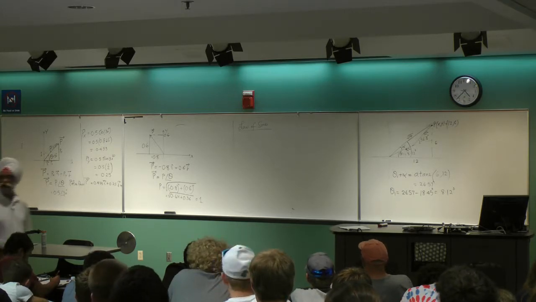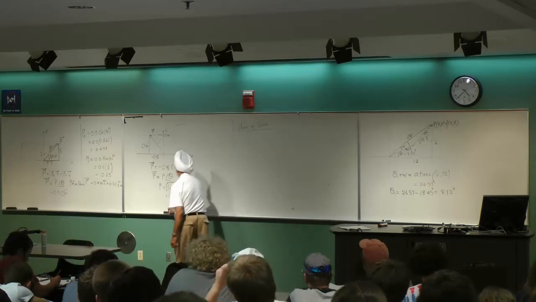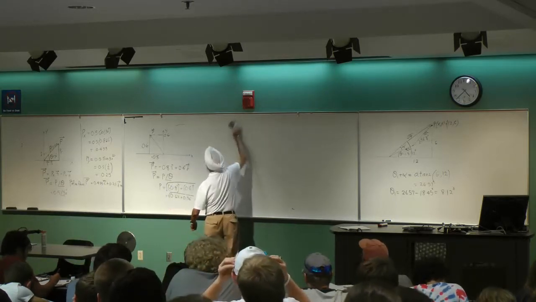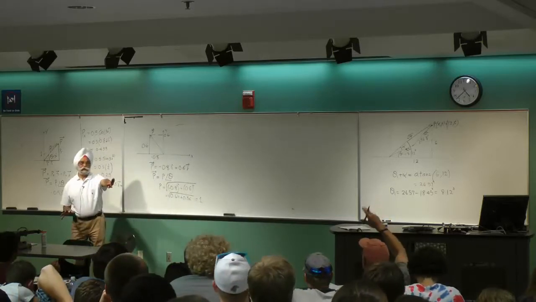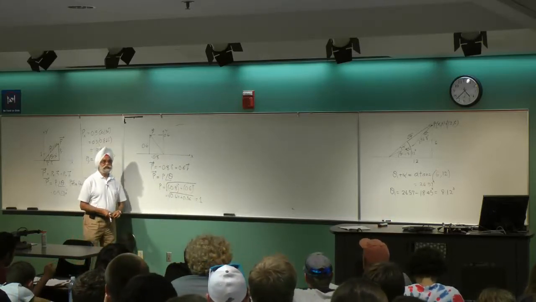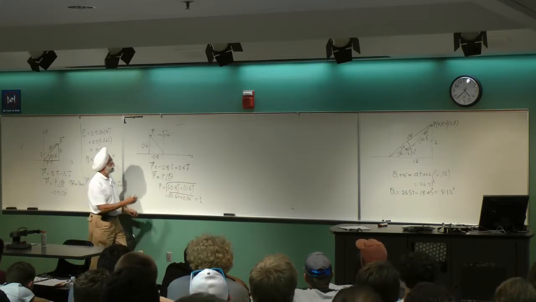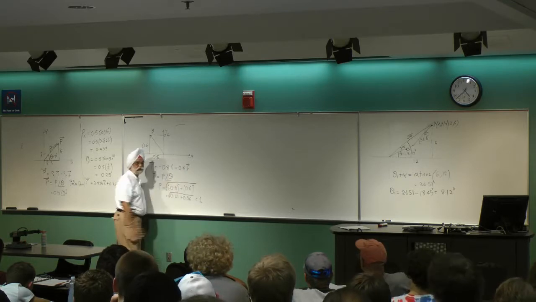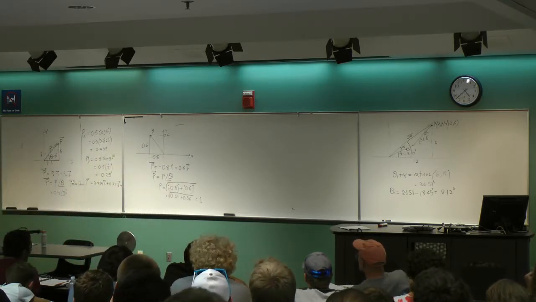How do I find the angle theta? Help me find the angle theta. So first of all, just a minute. What is theta here? How do I draw that? What will be the angle theta? It's always from the positive x-axis.